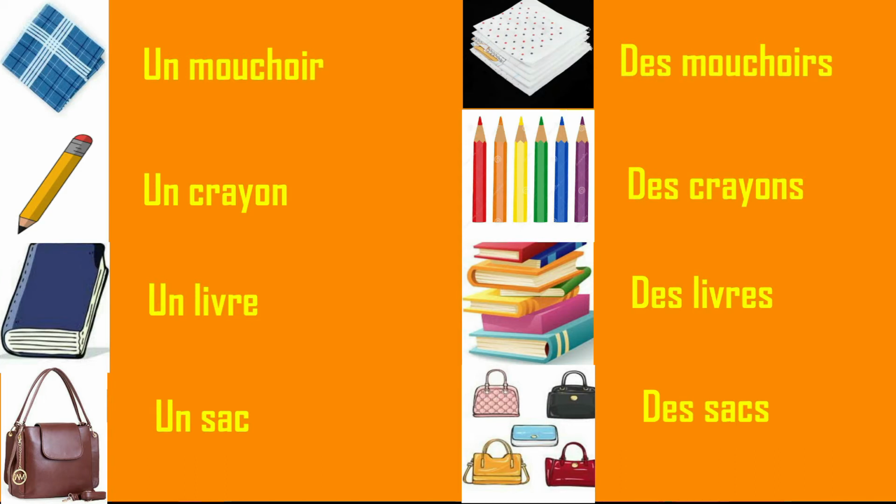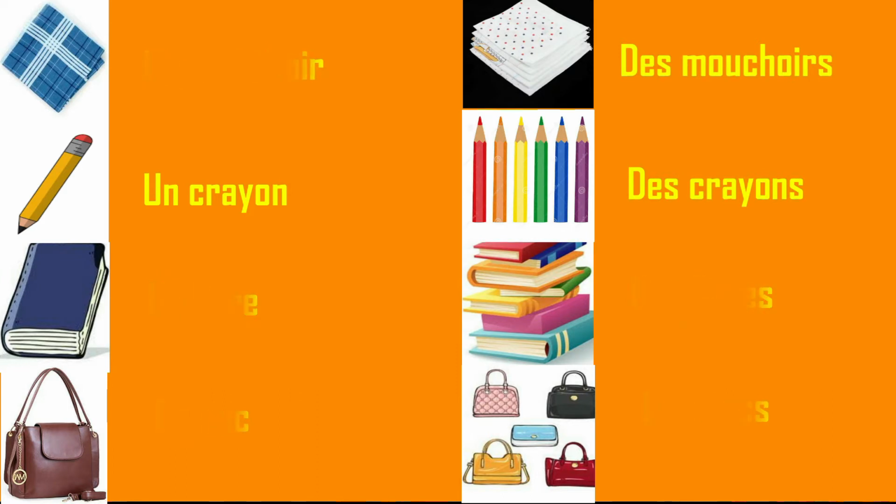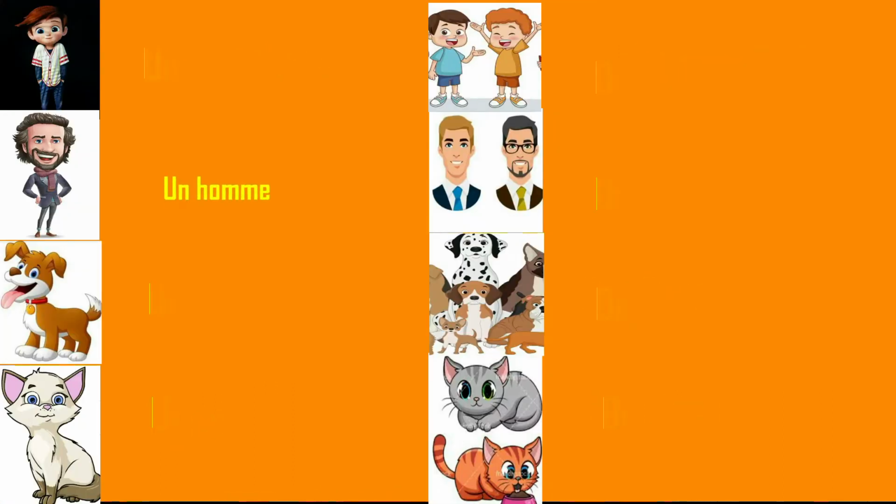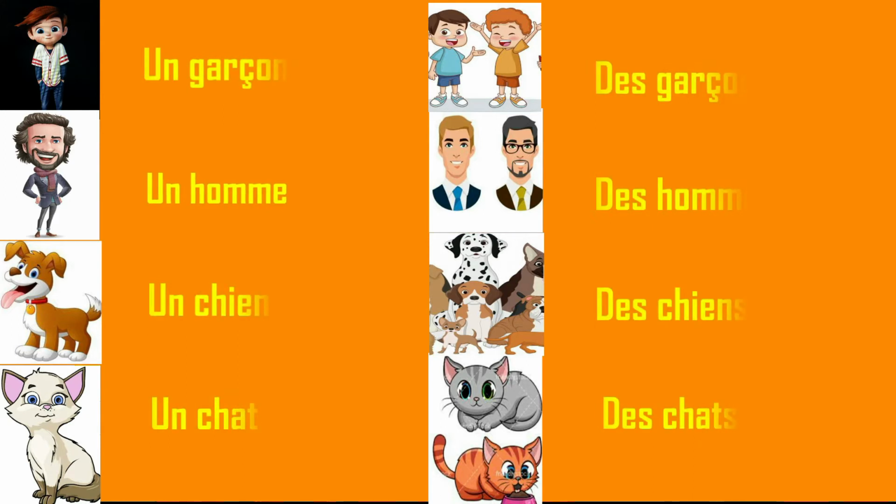Un changes into des. Some more examples. Un garçon, des garçons. Un homme, des hommes. Un chien, des chiens. Un chat, des chats.